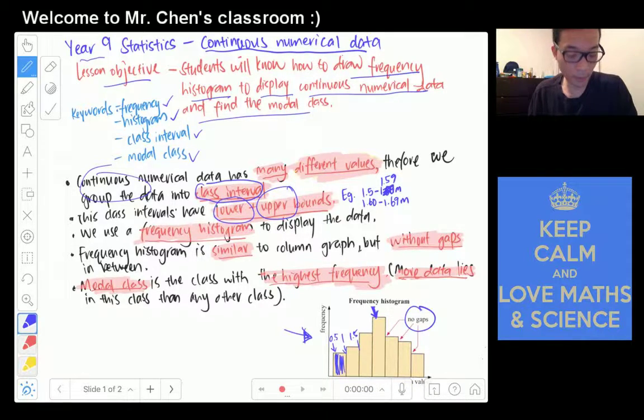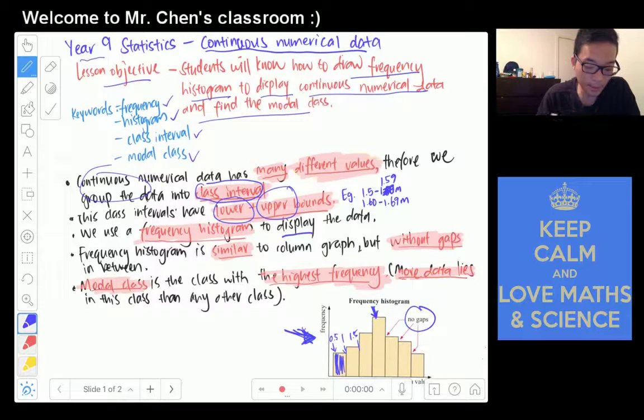Once you have the class intervals, you then make a frequency histogram using that data, and the purpose is to display the data. Once you display it, it will look like this frequency histogram here, where you can see very clearly which class stands up more than the rest.